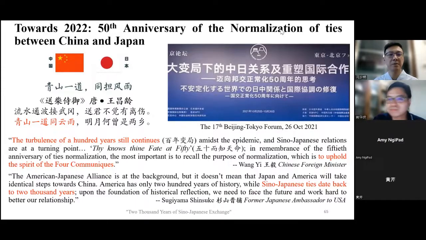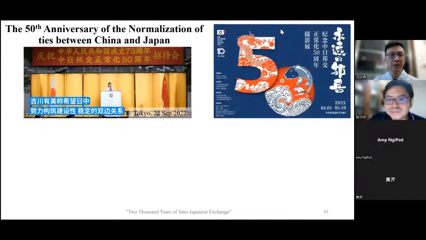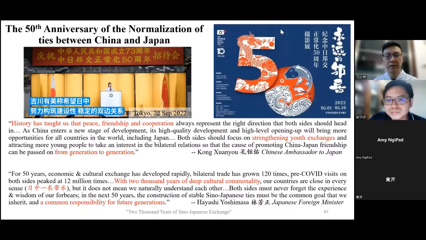On slide 67, Mr. Hayashi Yoshimasa mentioned that bilateral trade has grown 120 times. So in terms of economic exchange, there is a huge volume.